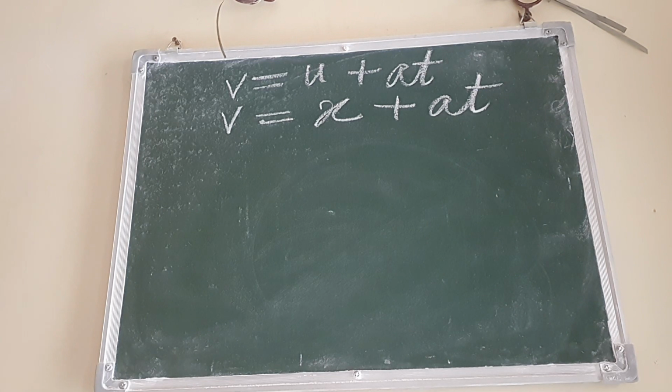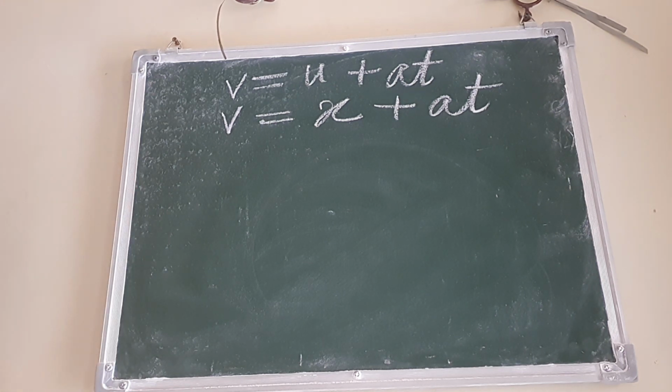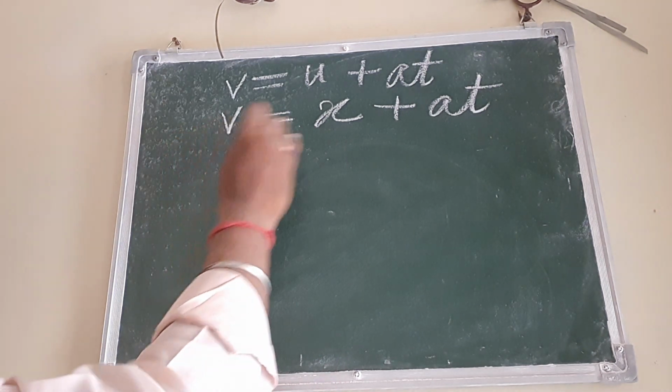Suppose this is the question given to us and we have to find this unknown parameter, and also find what quantity it is. According to dimensions, if we are given a valid equation, the dimensions of each term will be equal.